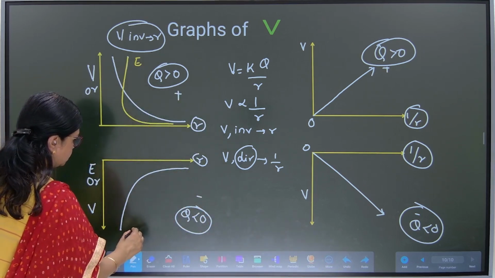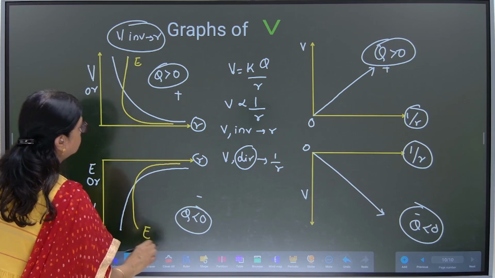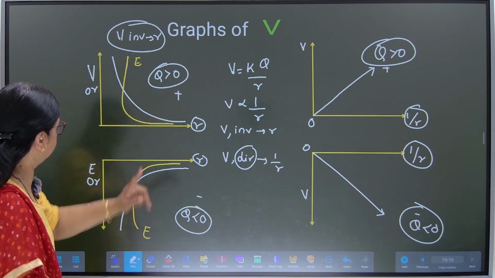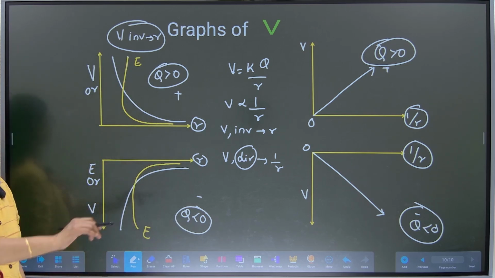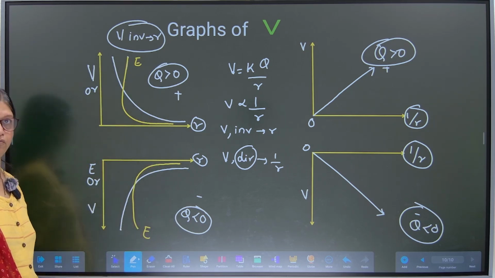This is the graph for E versus R on the same axis. This is also asked. So take a pic of this also. Fine? I just move.